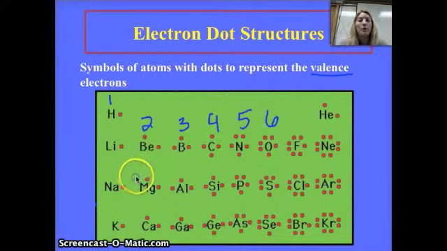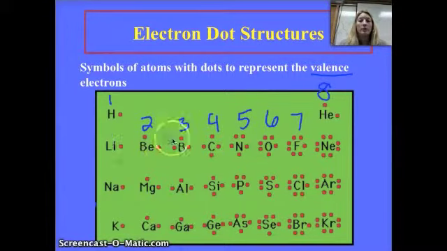In the second row, these all have 2 valence electrons. So we put 2 dots around it. And as we go, we keep gaining a valence electron until we get to our noble gases. Remember, our noble gases follow the octet rule, so they have 8 valence electrons, except for helium, because he's the odd one out. He only wants 2. So as we go across, we just keep putting these dots around.